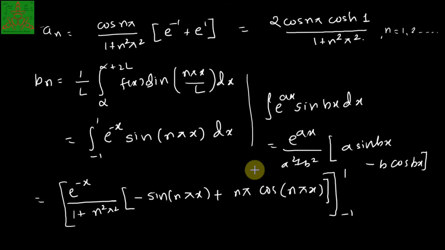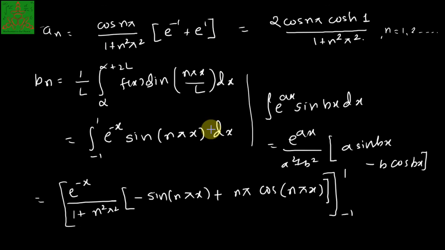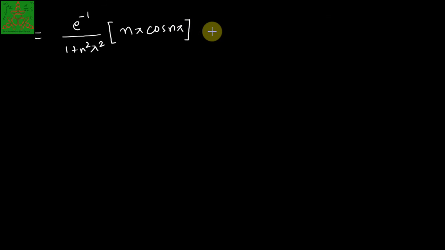Now when you substitute 1 here, just observe that what we get is e power minus 1 upon 1 plus n square pi square as the first term. Here sin n pi is 0, so this term will become 0. Here you will have cos n pi, that is the first quantity left.